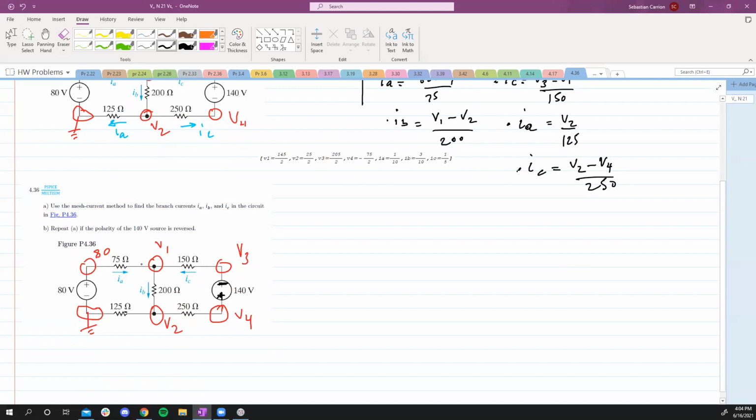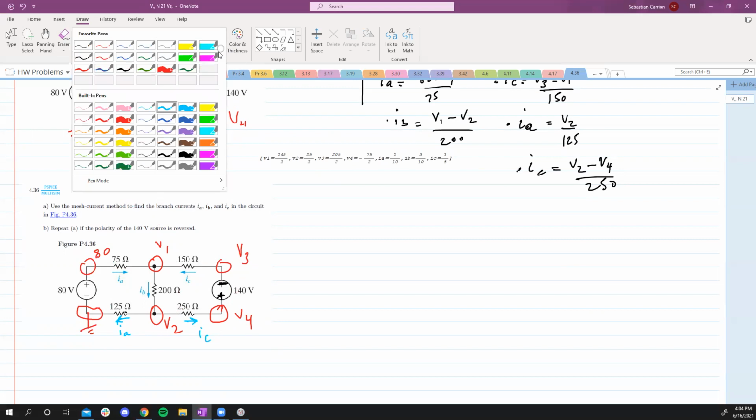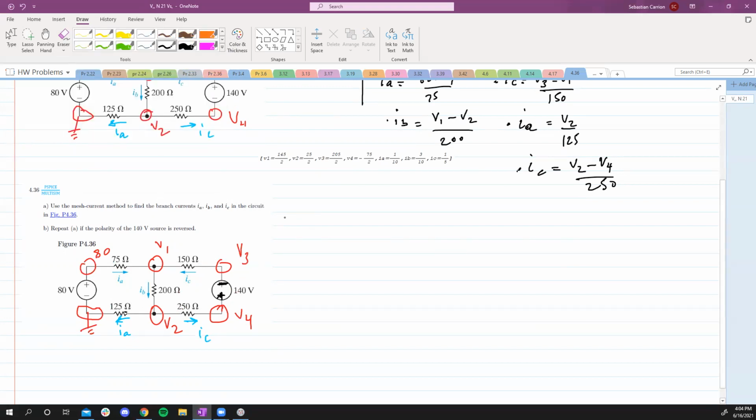Okay, so KCL: IA plus IC equals IB. Equations for components: IA equals 80 minus V1 over 75. IC equals V3 minus V1 over 150.